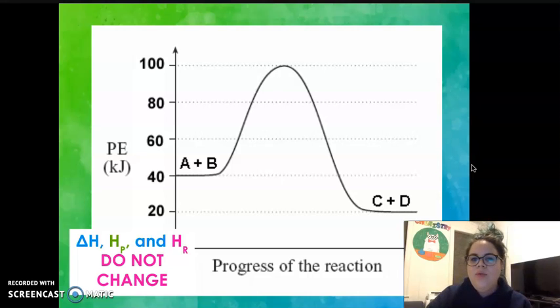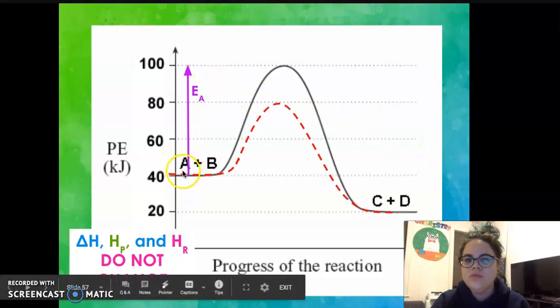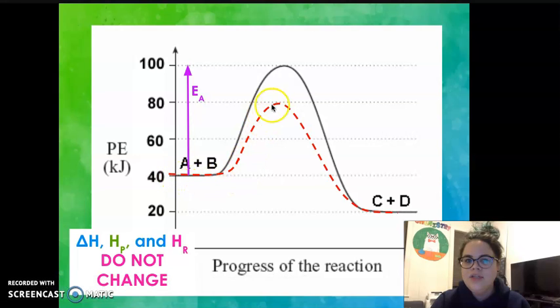Okay? So here is the potential energy diagram that we used when we first learned what they were, and we're going to go over the basics. And so here is our starting activation energy, just normal, okay? For us, it's going to be 100 minus 40, which is 60 kilojoules. If I add a catalyst, you're going to see this dashed line there, which is what the Regents would ask you to do. You simply lower this hill. And by lowering this hill, you are going to lower the activation energy.